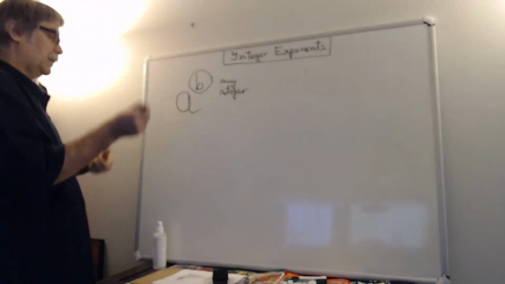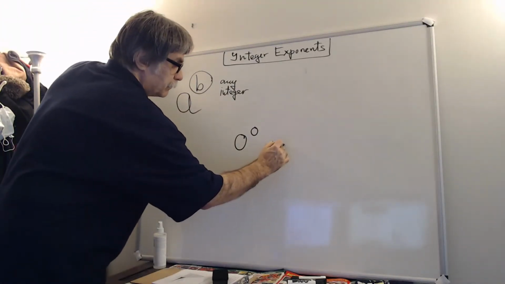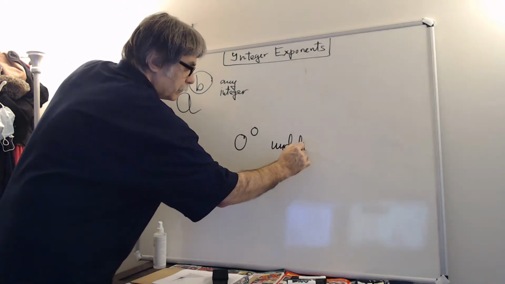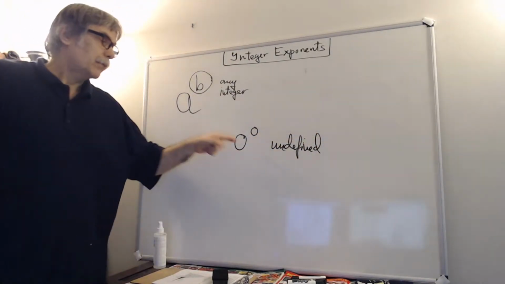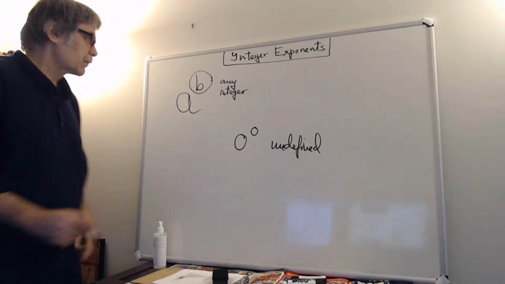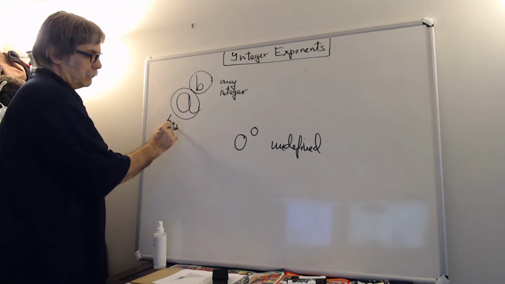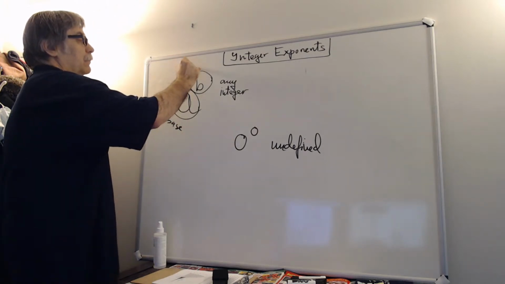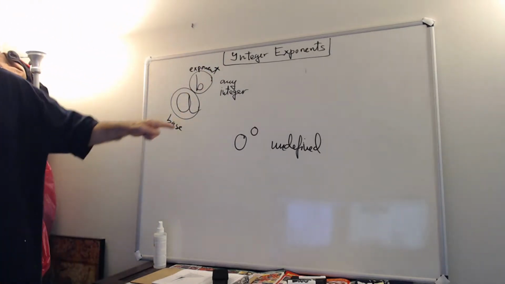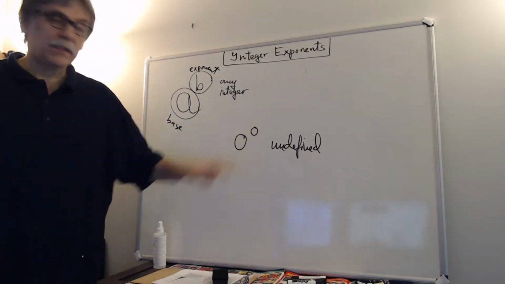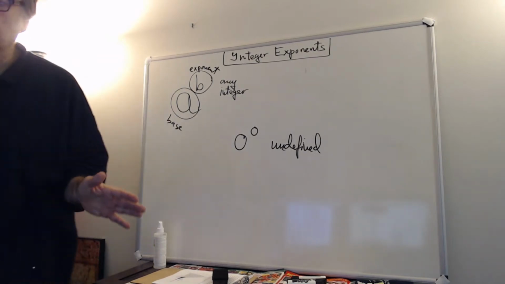All right? This is undefined. So when you have a 0 as a base, so again, this is a base, and this is exponent. When you have a 0 as a base and the exponent is 0, we are actually going to call this undefined.